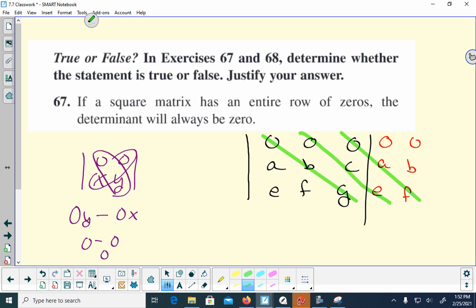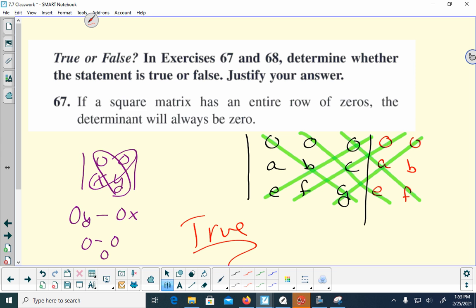And then I'm going to subtract, oh, another 0, another 0, another 0. So this statement up here is going to be true. If you have an entire row of zeros, or an entire column as a matter of fact, you're always going to get a determinant of 0.